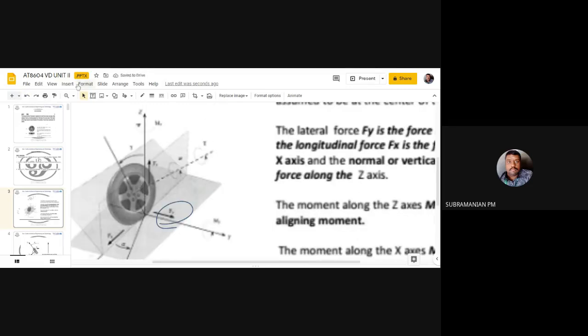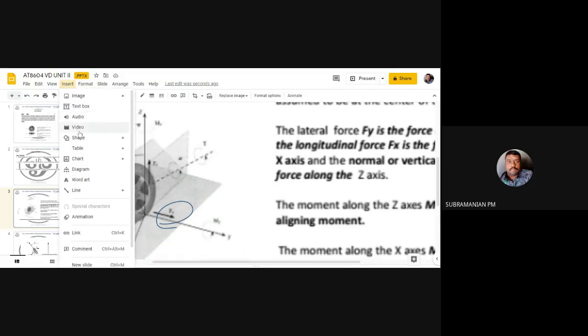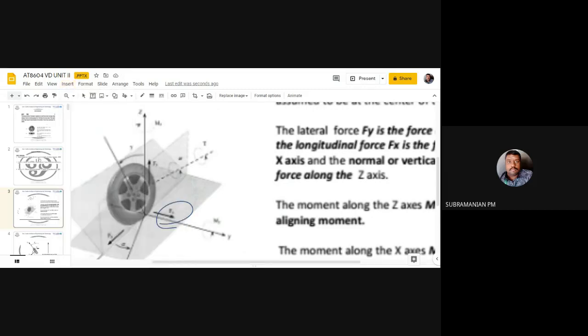And you can see this one is Fz, that is the force acting in the Z direction.